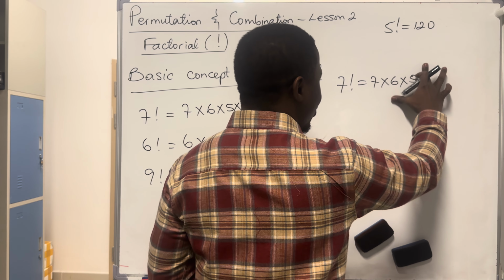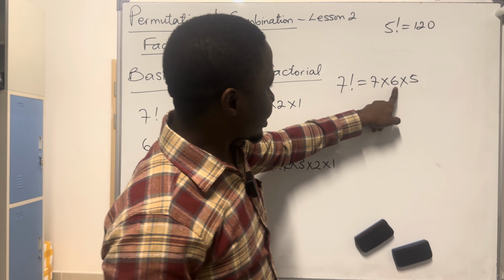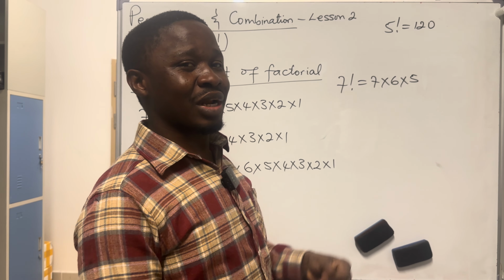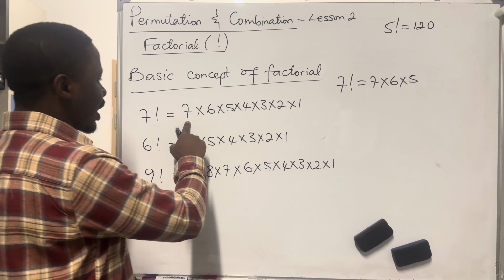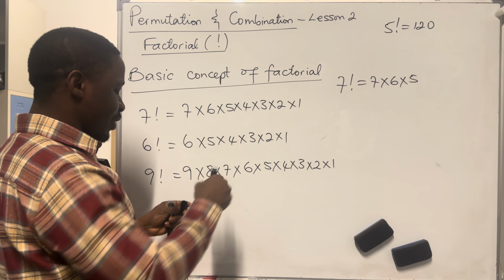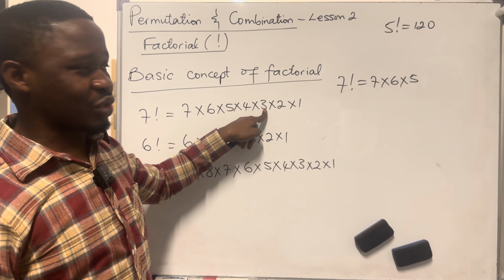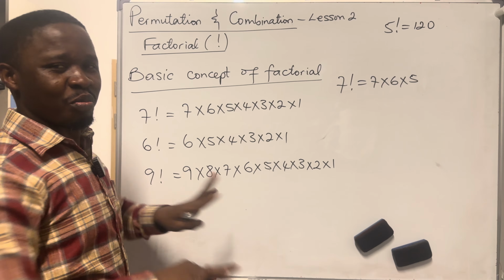If I stop here without the factorial, it is wrong. Why? Because 6 times 5 is 30, and 30 times 7 is 210. Beware. But if you say 7, 6, 5 and stop here, you indicate the factorial. If you want to stop here, no problem, but just indicate the factorial. You can even say 7 times 6 factorial, no problem.